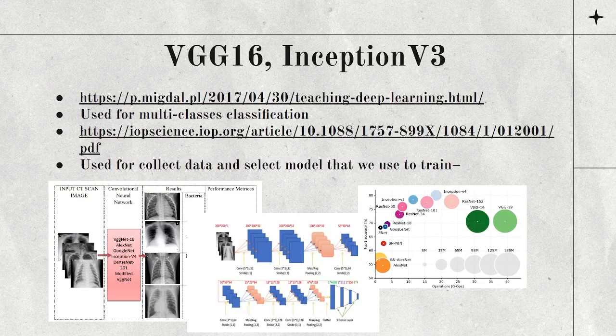The second paper, which we found during our subsequent data search, is a more comprehensive paper that elaborates on the accuracy and module structure of various networks in medical image recognition. It has been a frequently referenced paper in our subsequent work.